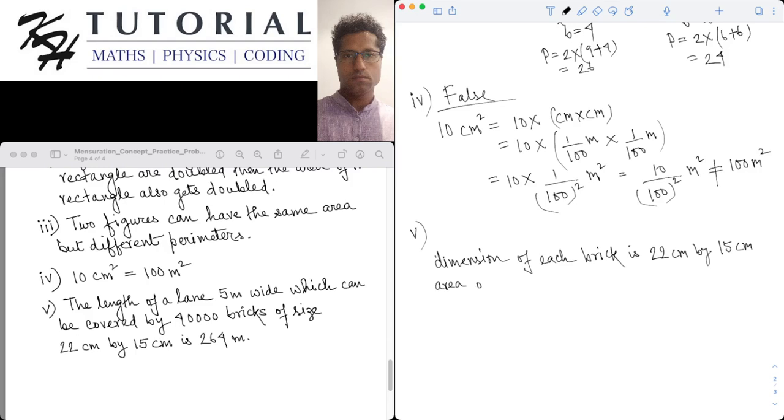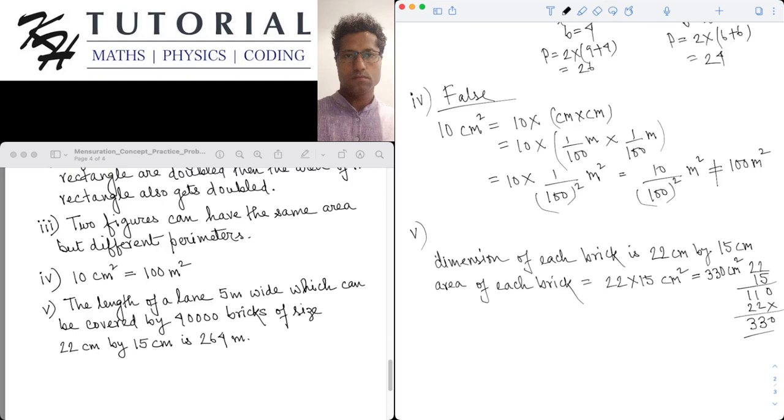So the area of each brick is equal to 22 multiplied by 15 centimeter square. How much is 22 multiplied by 15? This is 330. So 330 centimeter square is the area of each brick.